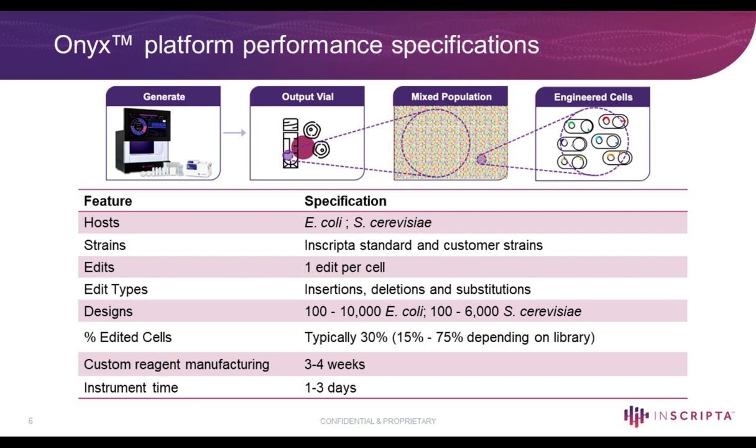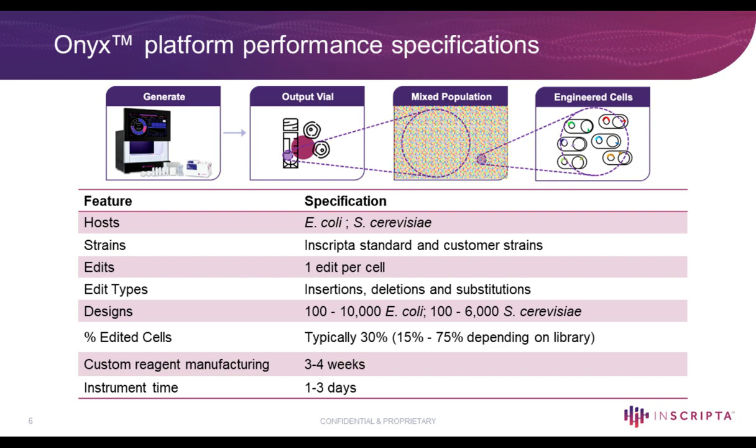We're also having some capabilities of bringing on custom strains that are provided from clients, and being able to have the same operational infrastructure come onto your own strain of interest. But for right now, we're starting with E. coli and yeast, and at launch, we'll have one edit per cell, but we'll be expanding in the future. The edit types that can be done are insertions, deletions, and substitutions.